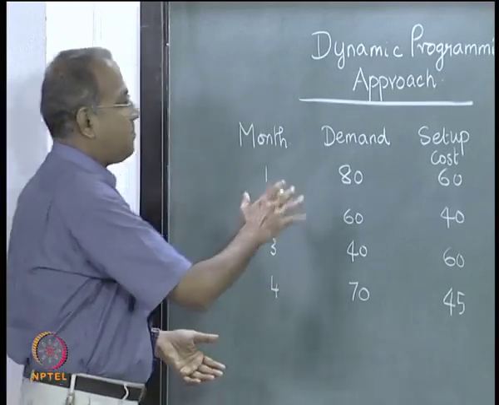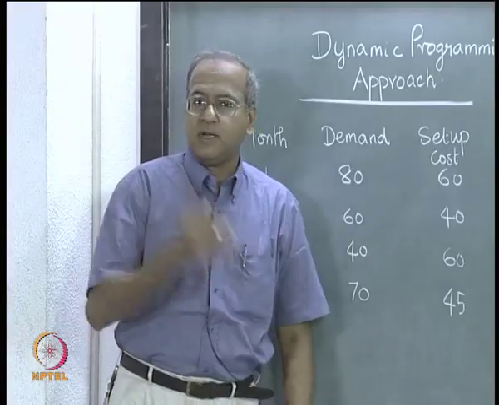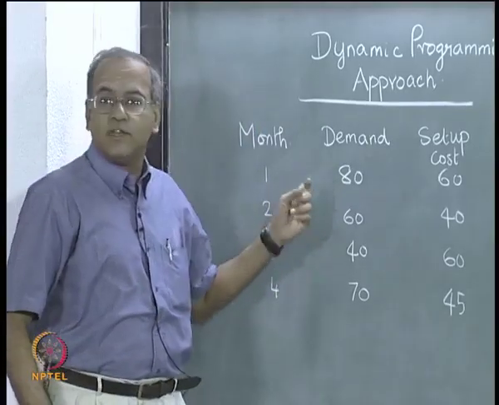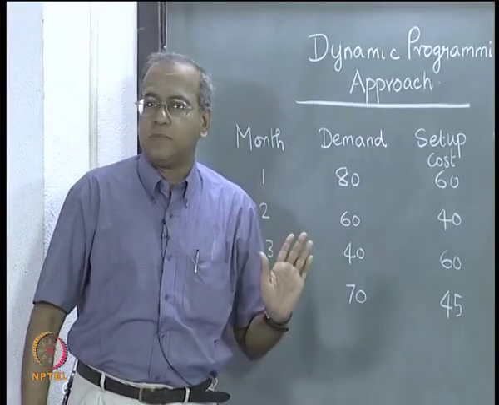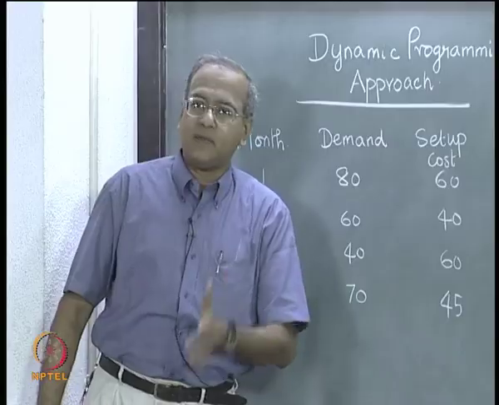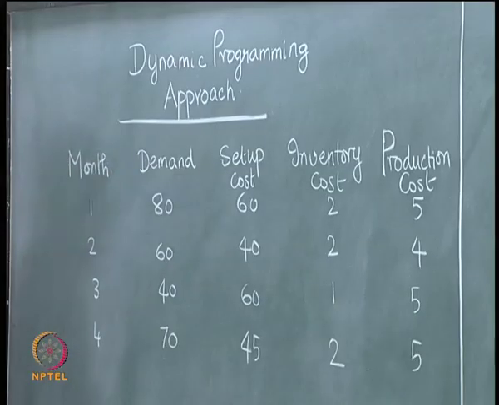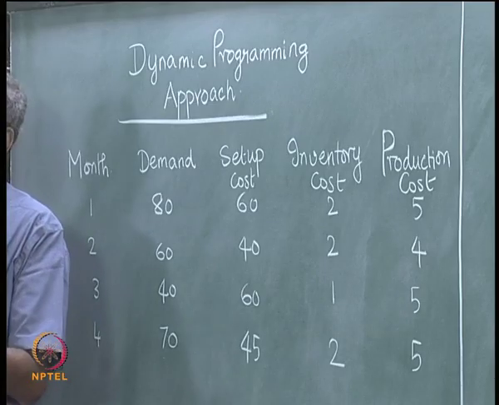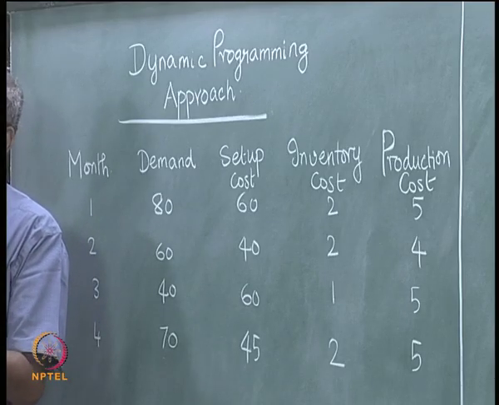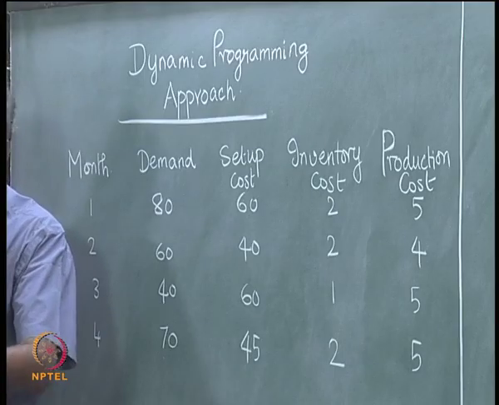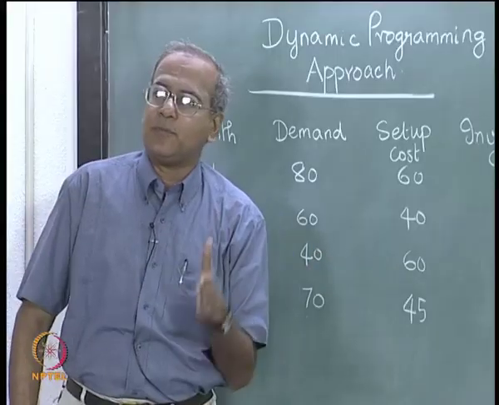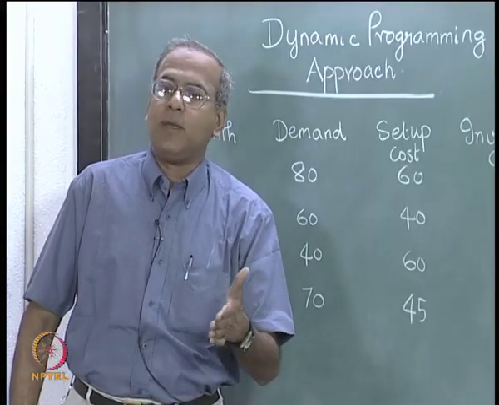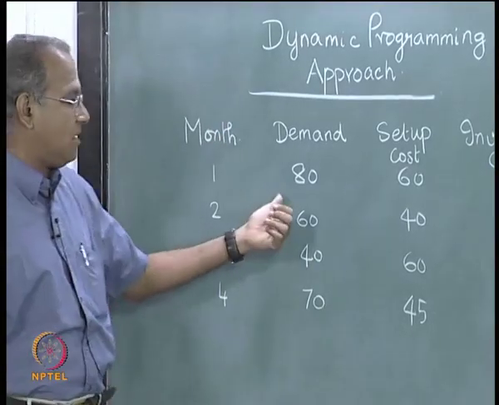One other important assumption is that the demands have to be met at the beginning of each of these periods. Shortages and back orders are not allowed in this particular model. So under that assumption, if we produce something in a month, then either the quantity produced should be at least the demand of that month, or with the beginning inventory and production in that month, we should be able to meet the entire demand of that month.